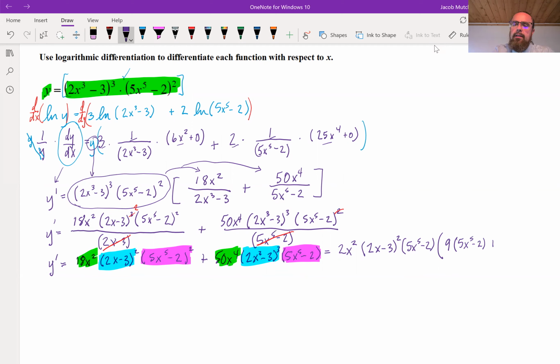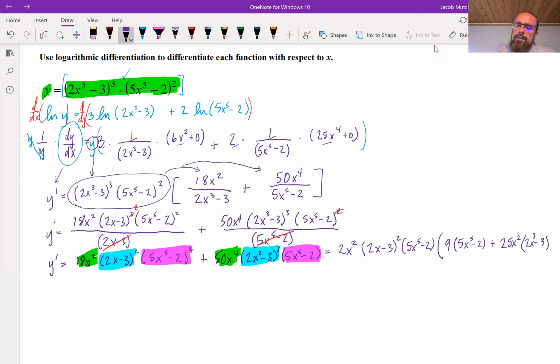Now for the second term there, so in green, if I divide out 50x to the 4th divided by 2x squared, that would leave me with 25x squared. And then I've factored out the power of 2 on that blue highlighted one, which leaves me 1 because that's got the power of 3. So 2x cubed minus 3.